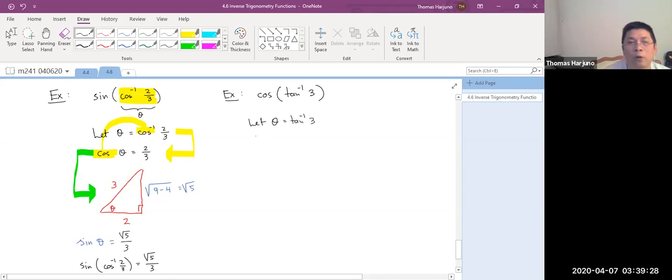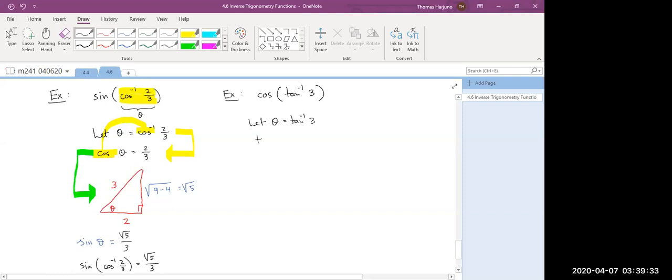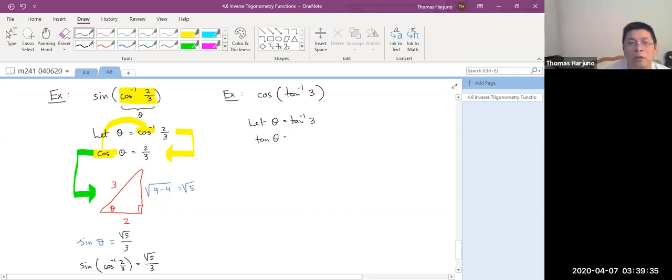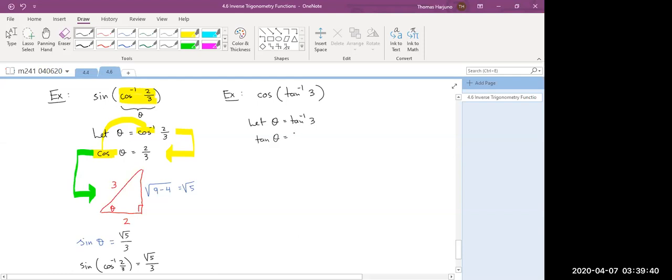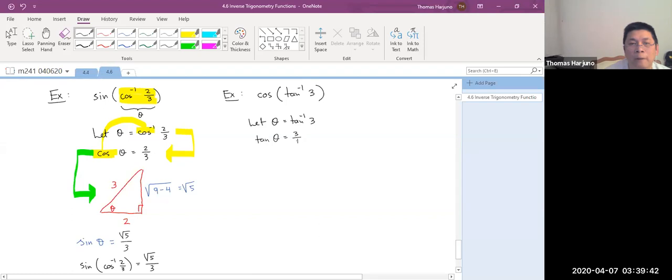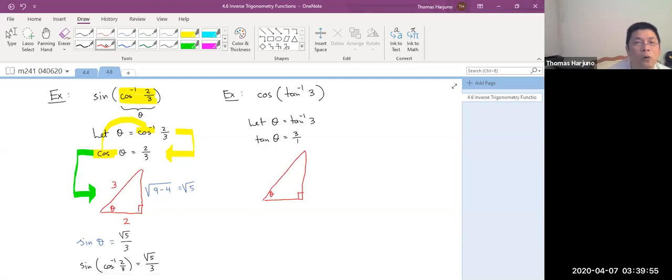Therefore, tangent theta equals 3, which I can write as 3 over 1. Then I draw the right triangle. Let's say this is theta, and therefore 3 over 1, this is 3, this is 1. That gives us a tangent, right?